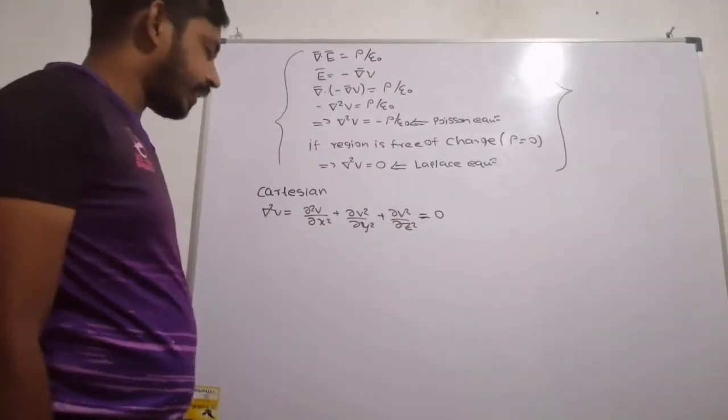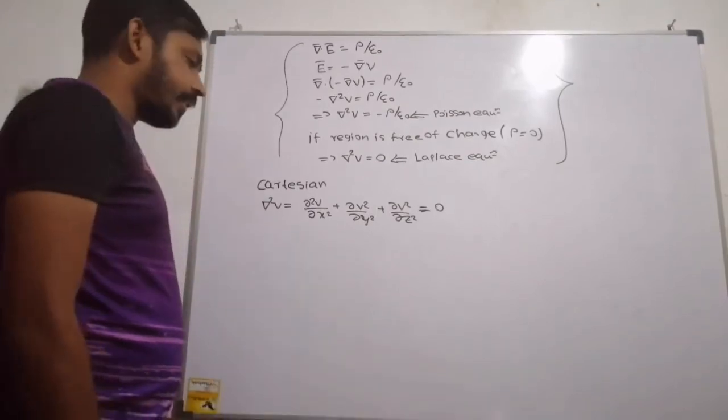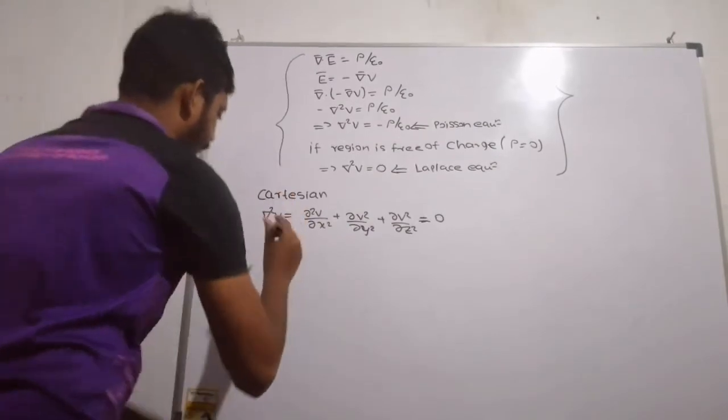Now let me write down the Laplace equation for the spherical and cylindrical coordinate systems. First I will write it for the spherical coordinate system.